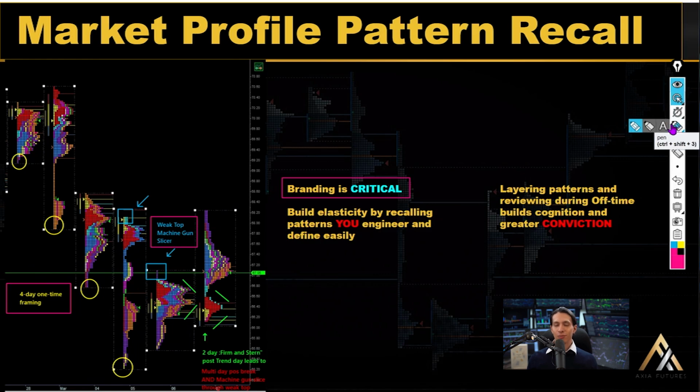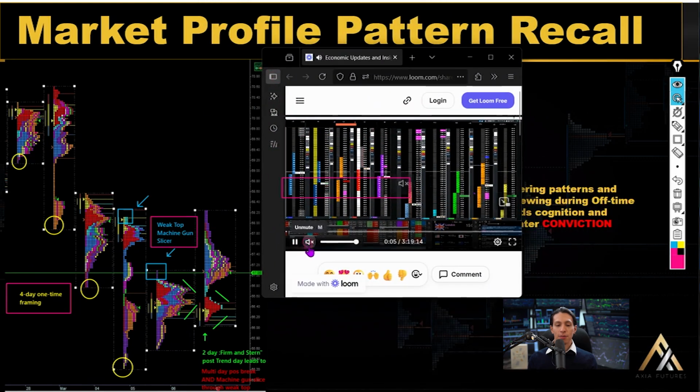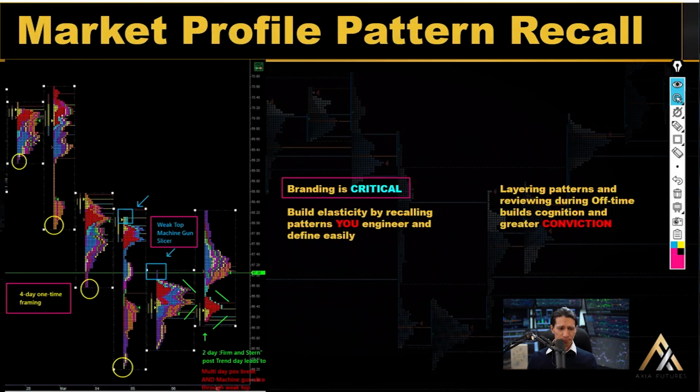So what I did is I bridged, right? Pattern bridging. I bridged what that auction pattern usually looks like, right? When I say go to my loom and I pull up some of these videos that I have of my execution within the market session, and I bridge that with where we were in the vicinity of the market and how the market ended up getting through that weak top, right?